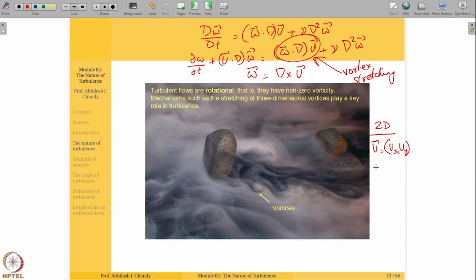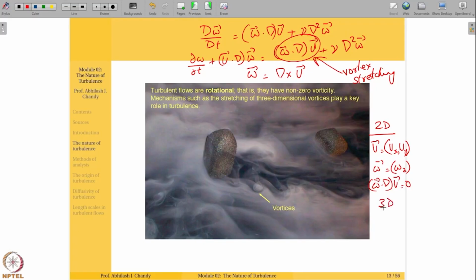If in two-dimensional flow the velocity vector is ux and uy, then omega is purely just omega z, in which case the vortex stretching term goes to 0. So omega dot del u is equal to 0 in 2D.